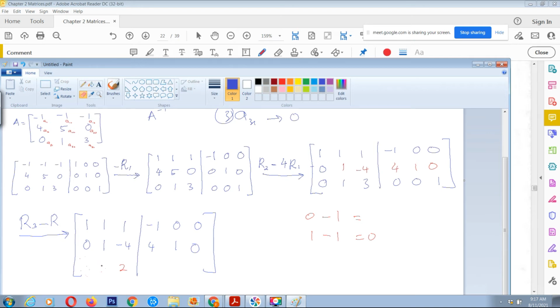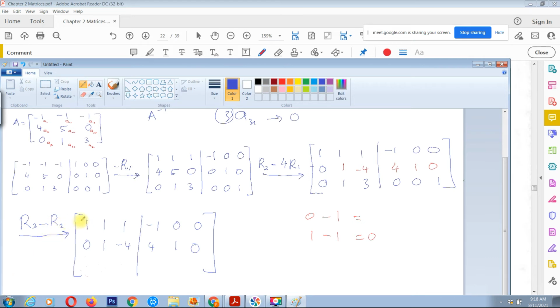That is why I introduce this step, because a lot of you make mistakes from confusion. Some people want to make this zero first. You can do it, but it will take a lot of time. So the shortcut here is to just do R3 minus R2.